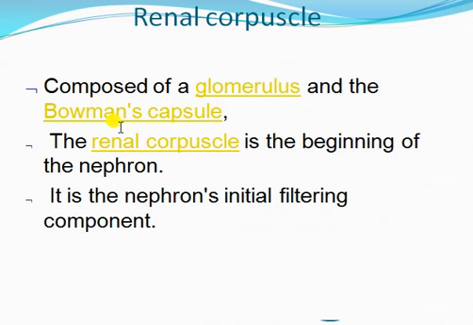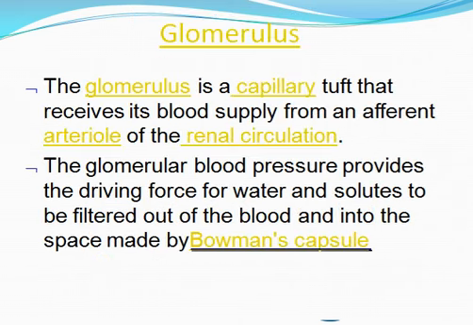So the renal corpuscle is composed of the glomerulus and the Bowman capsule. The renal corpuscle is the beginning of the nephron. This is the nephron's filtering component. The glomerulus is a capillary tuft that receives its blood supply from the afferent arteriole of the renal circulation. The glomerular blood pressure provides the driving force for water and solutes to filter out of the blood.